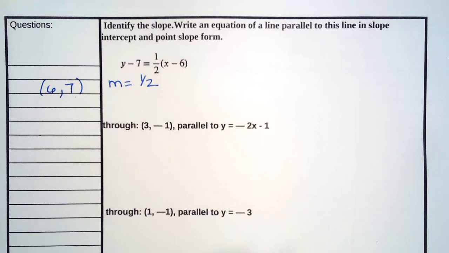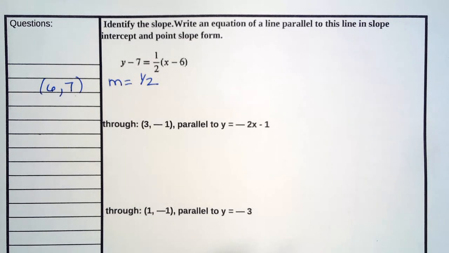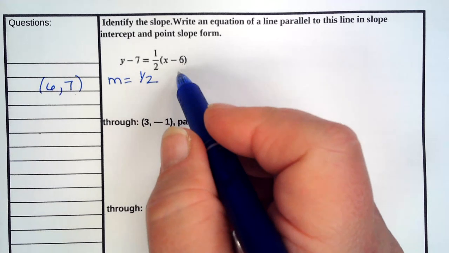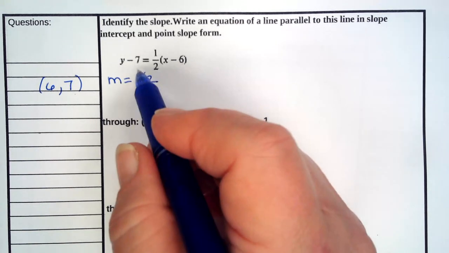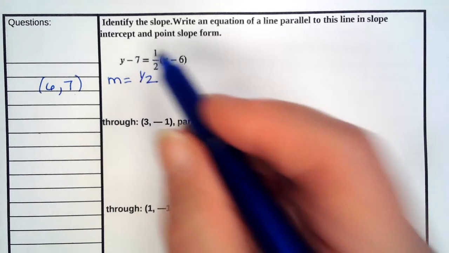What I need to know is where does it go across? Well, I think it's going to be easiest to do it in point slope form and then use that same equation and convert it into slope intercept form. So if I keep the -6, or the 6 here, then I need to change the value here.